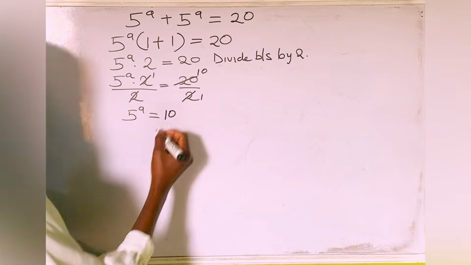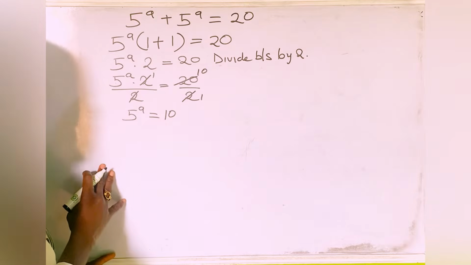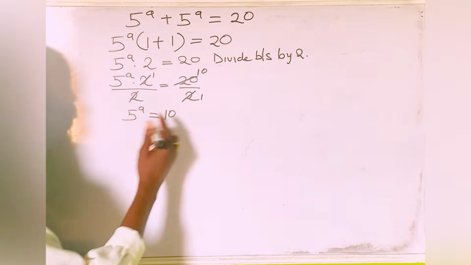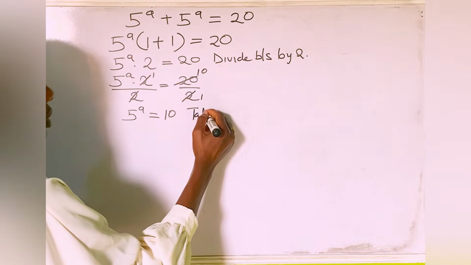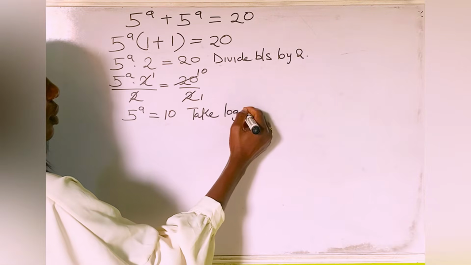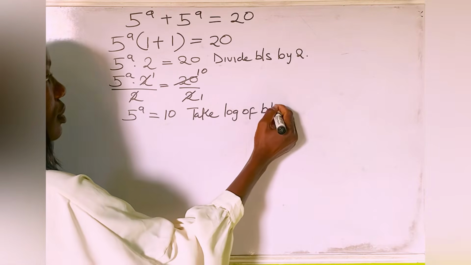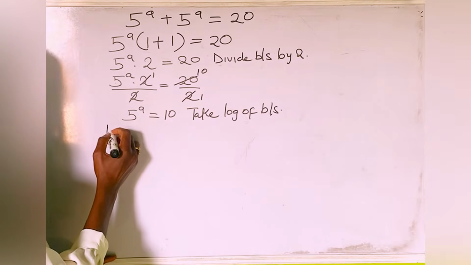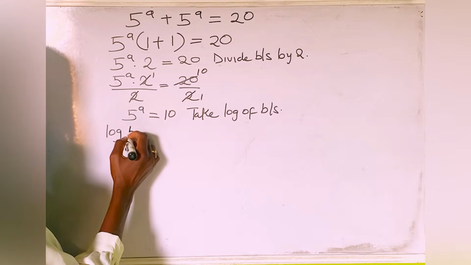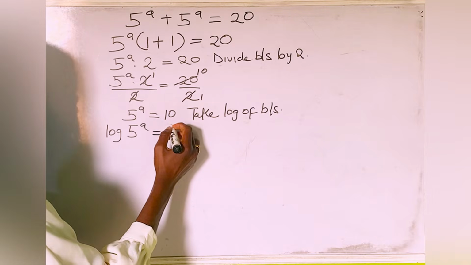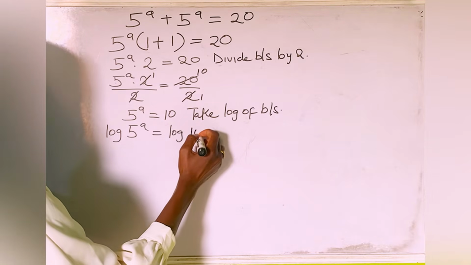Okay, now let's take the log of both sides. That means we say log 5 raised to the power of a is equal to log 10.